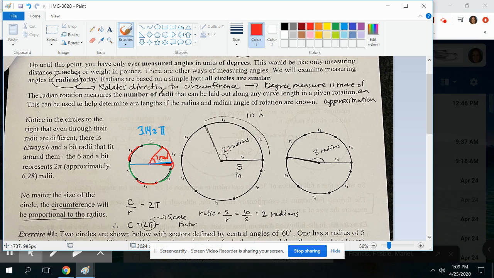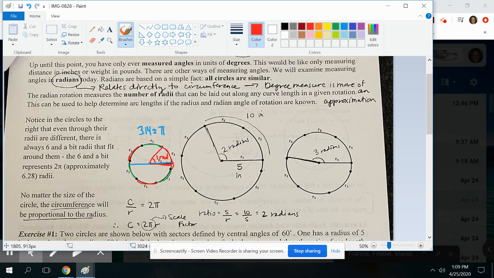And with these, I drew in other angle measurements. For instance, by connecting this arc length, and looking at that central angle created there, it is across from 2 radii. So the angle measure itself would be 2 radians.